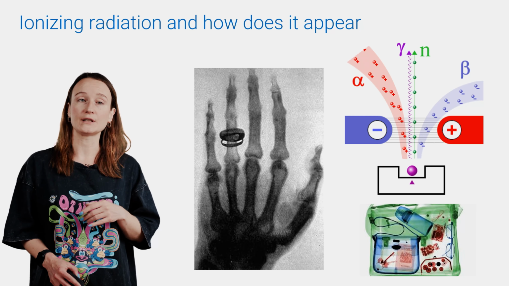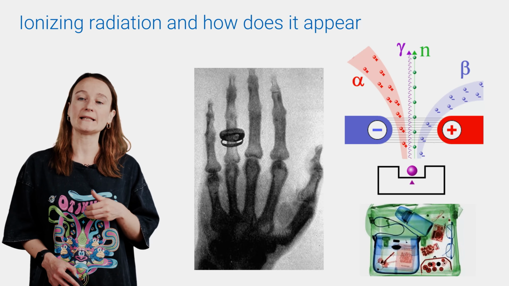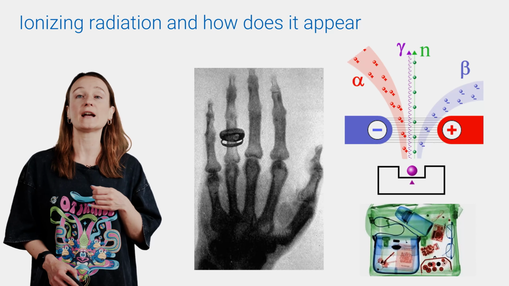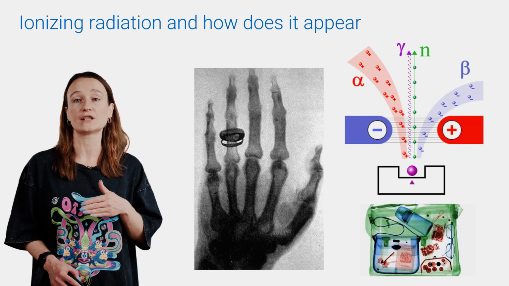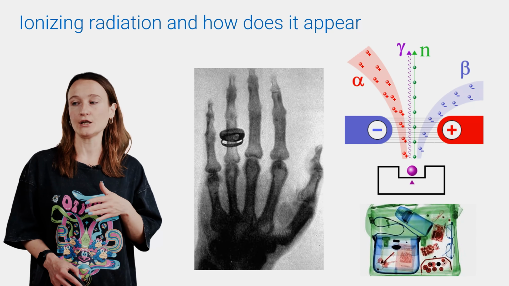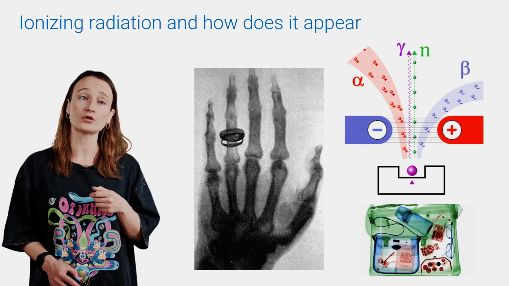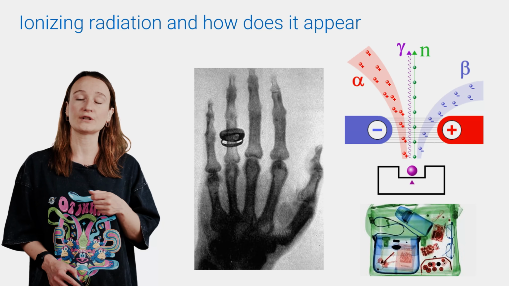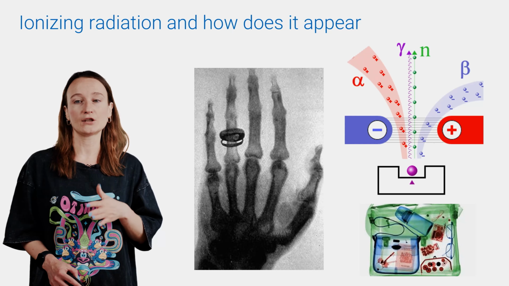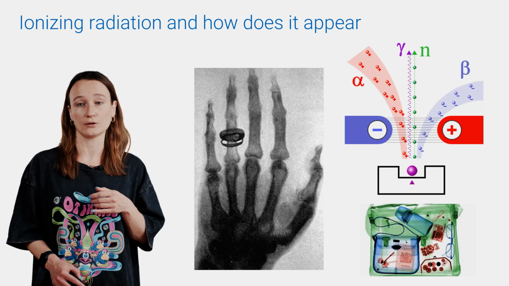Two of them deflect in opposite directions, which indicates that this radiation has electric charges of opposite signs. The negative component of the radiation was deflected by the magnetic field much more strongly than the positive one. The third beam is not deflected by the magnetic field at all.